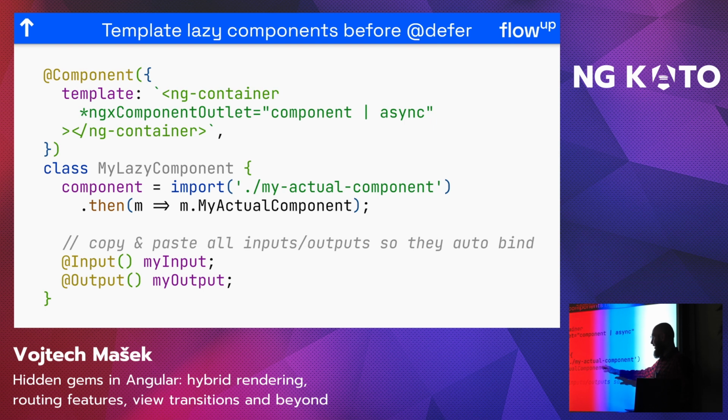You have to create a lazy wrapper, then you do an actual import, and notice this, I have my input, my output, just two of them. If your actual component would have 100 inputs, you would have to copy paste all of them so they would auto bind.